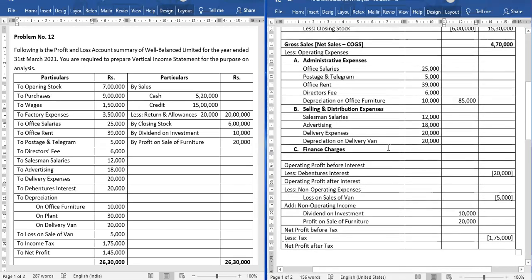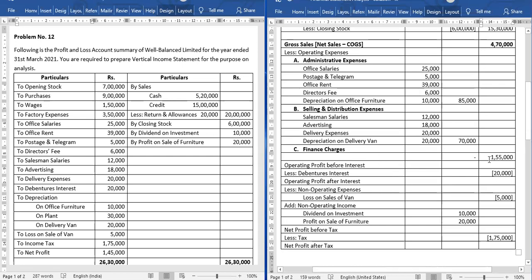Sales and distribution total is 12 plus 18 plus 20 plus 20, that is 70,000. Finance charges nil. Yes. Then 85 plus 70,000, how much? 1 lakh 55,000.